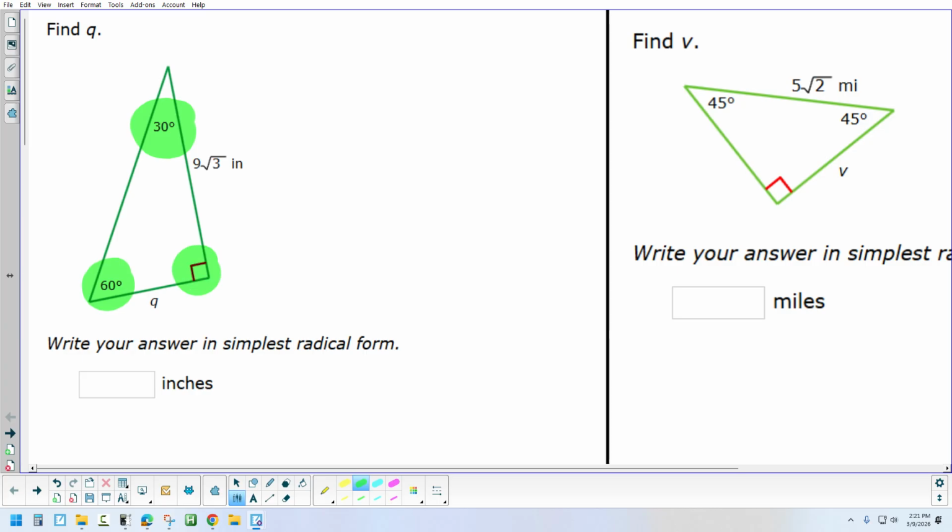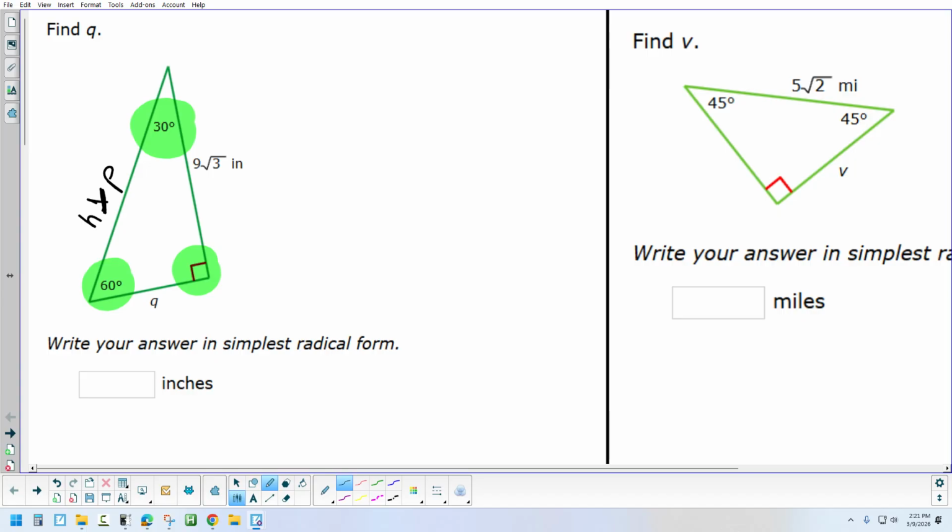Okay. So what I want to do now is label these sides short leg, long leg, and hypotenuse. Which side in this triangle is the hypotenuse? The opposite of the right angle. So I'm going to label that side hypotenuse.